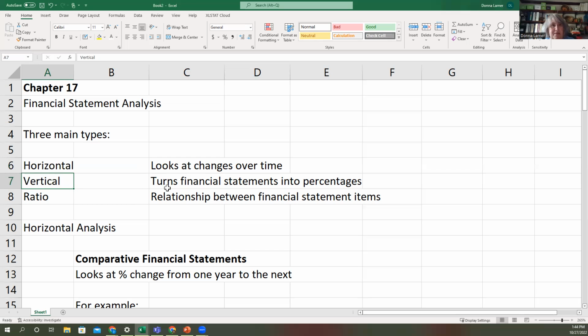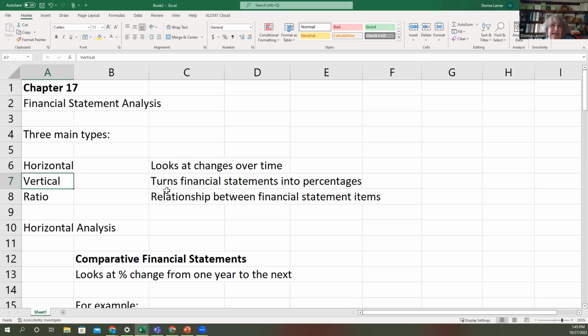And this year, I'm keeping 10% of my assets in cash. And I can look at my competitors and say, okay, they're bigger than I am, so they have much more assets than my company does. But I can turn it into percentages and say, well, what percentage of their assets do they keep in cash? Oh, about the same amount we do. Okay, I'm in line with my competitors.